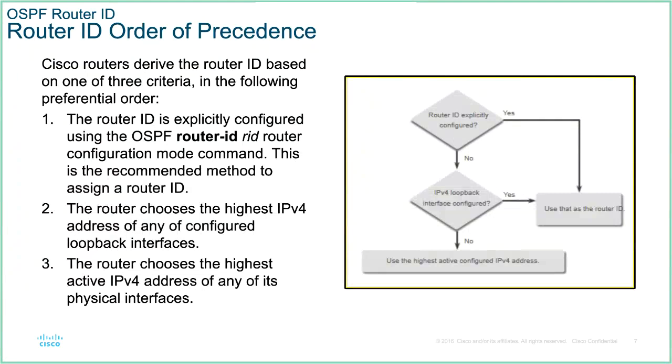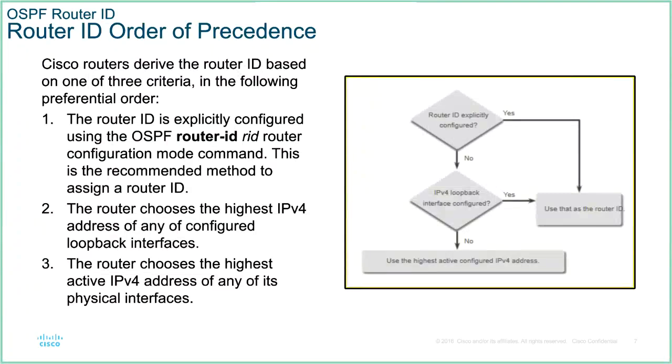If it does not have any Loopback interfaces configured, it will then choose the highest IPv4 address from any of its configured and active interfaces.